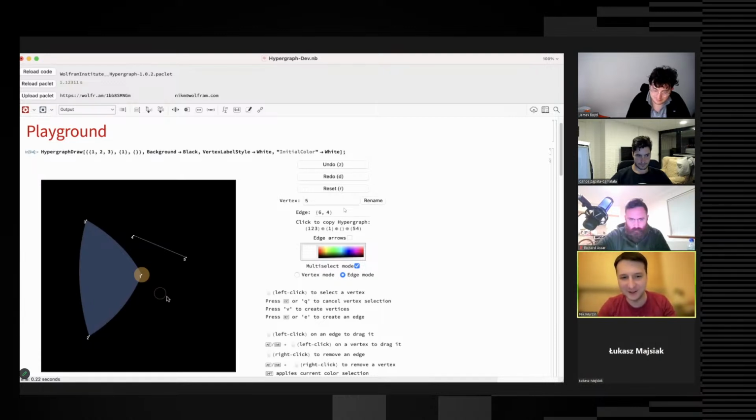This thing you see there is just an edge without vertices, which is not usually part of the definition of a hypergraph as it is defined in the literature, because they usually define a hypergraph as containing edges which are non-empty subsets of the vertices. But our hypergraph is more general than that. I personally don't see a reason why we shouldn't include such edges.